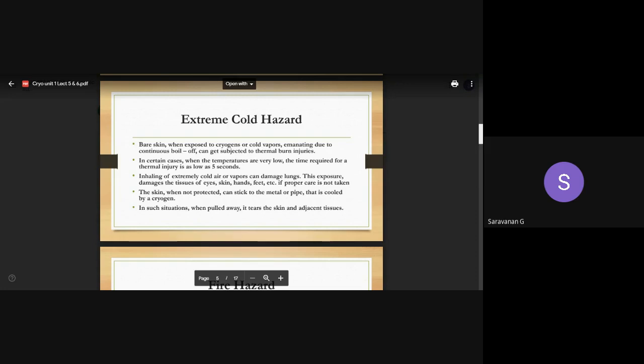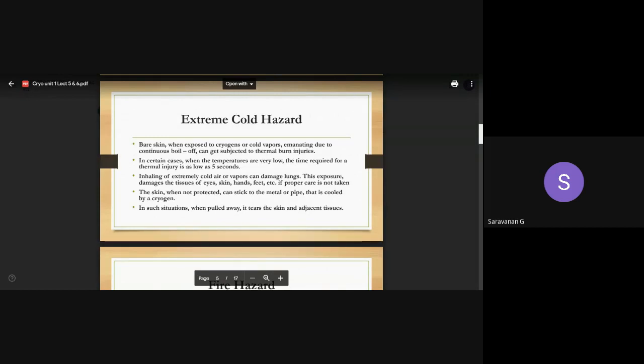This extreme cold hazard, the cold temperature, affects directly the bare skin while we are operating or handling these cryogenic fluids. It directly affects the skin, tissues, eyes, hands, and feet, and if you inhale the cold fluid or cold vapor, it will also affect the lungs.